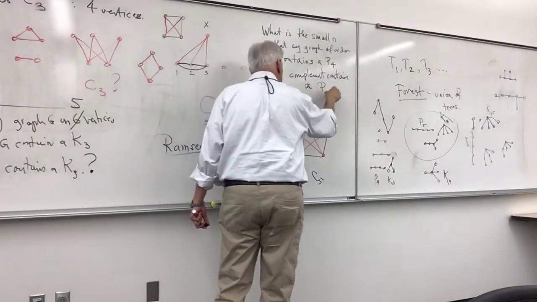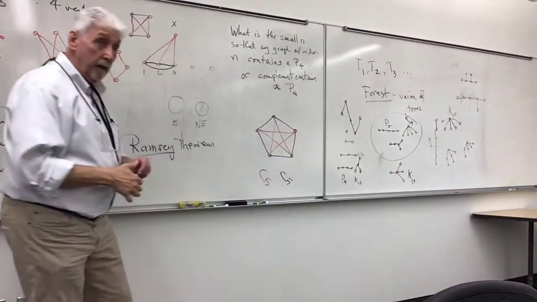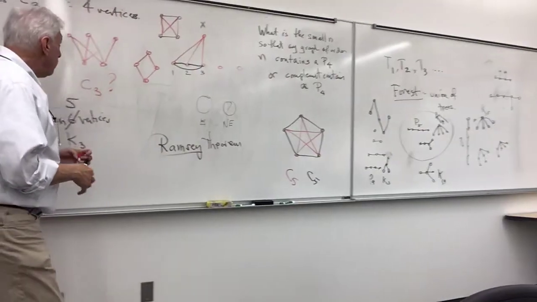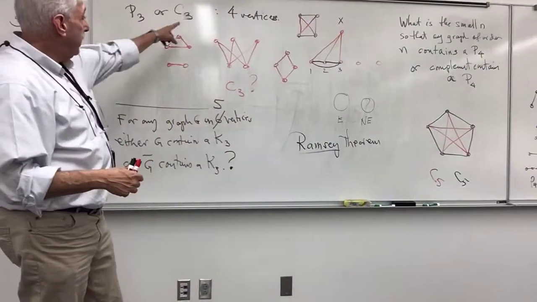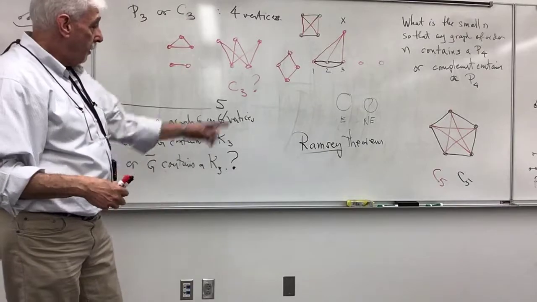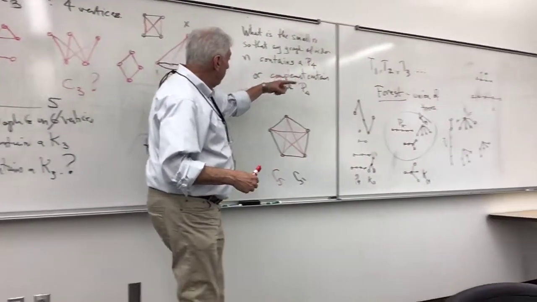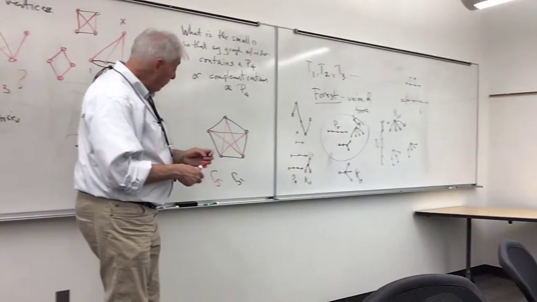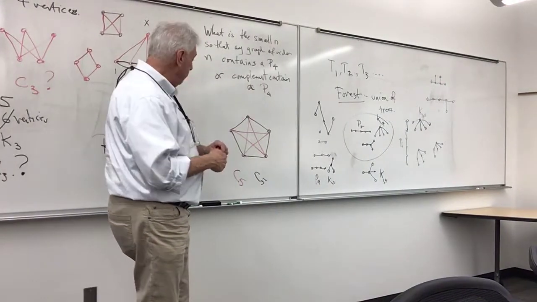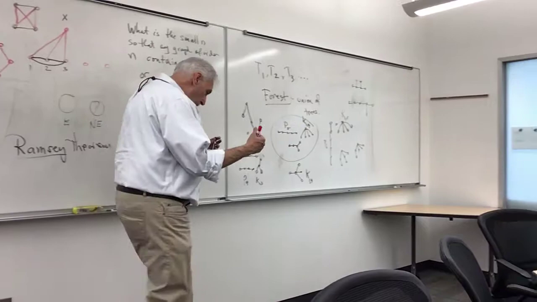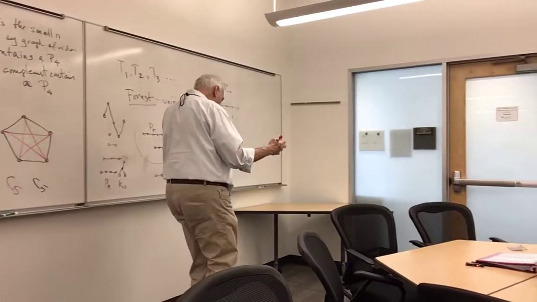P4. Okay? So we did P3, C3. We did K3, K3. Now I'm asking for P4, P4. And then I want you all to become research graph theorists.